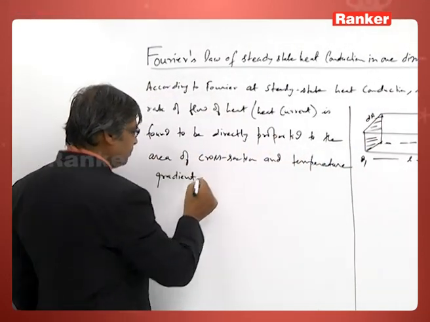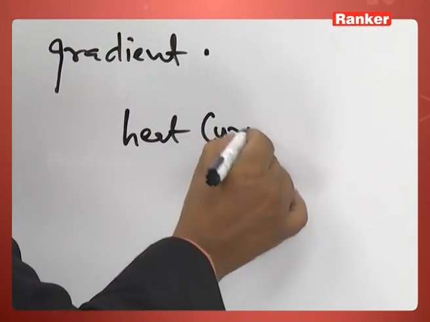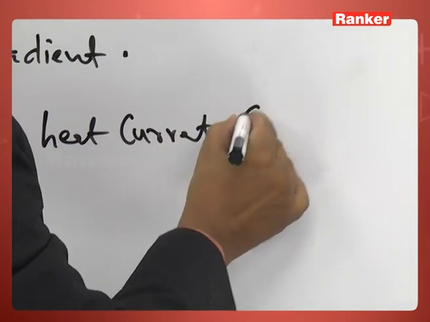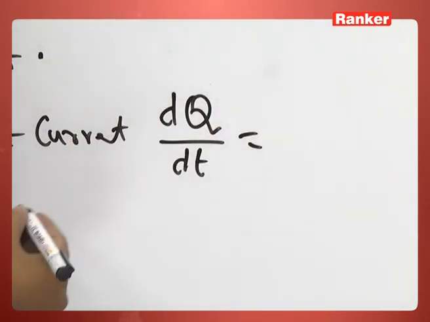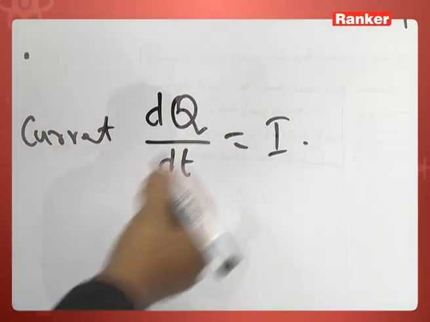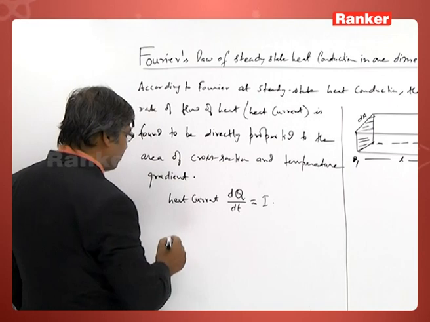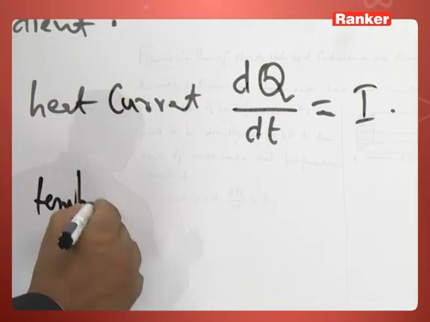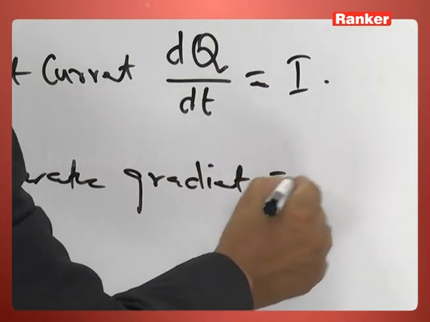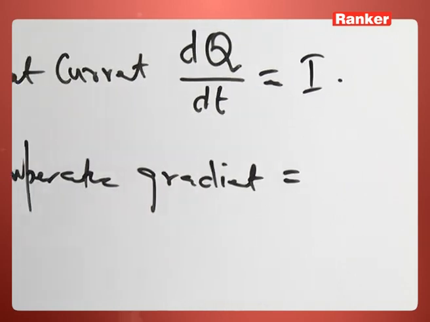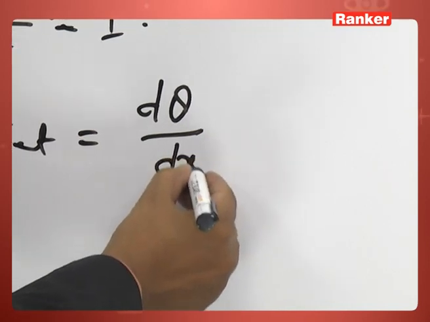Suppose I say heat current is defined as dq by dt, the rate of flow of heat, or I can call it in shorthand I, heat current, and temperature gradient, that is how the temperature varies with position. So, I say it is d theta by dx.